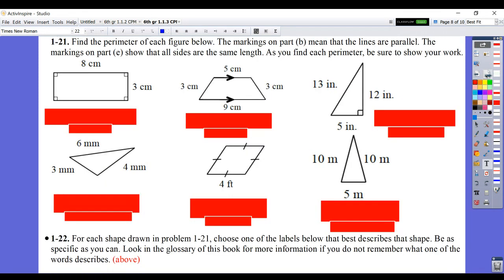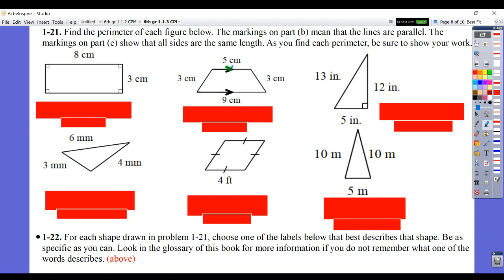For 121, you're going to find the perimeter of these figures. They tell you that the markings that you see here mean parallel. So when you see the arrow like that, it means those two sides are parallel. The markings on section E, this one right here, mean the same length or congruent. So what they want you to do is find the perimeter.